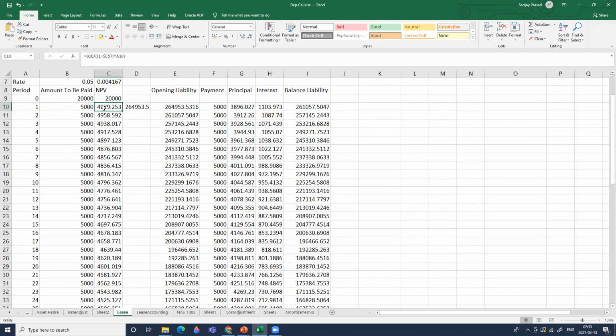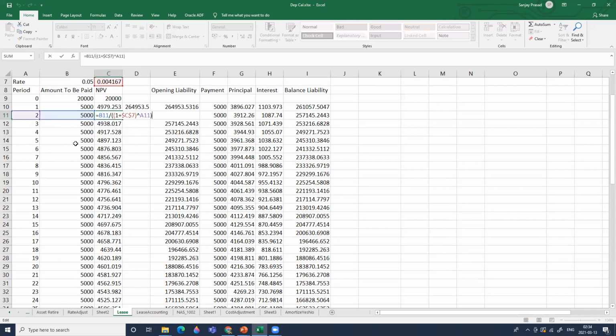Using the compound interest concept, it will be 5,000 divided by 1 plus the respective interest rate to the power of the respective number of periods. So the present value today of the 5,000 paid after a month is this. The amount we pay after 2 months, 5,000, its value today is this value. That's what I have done here.